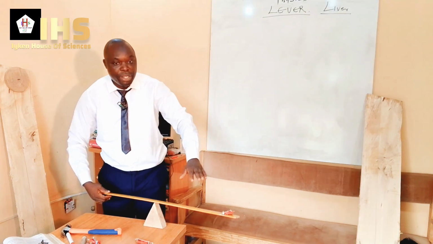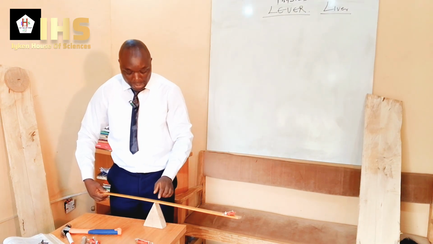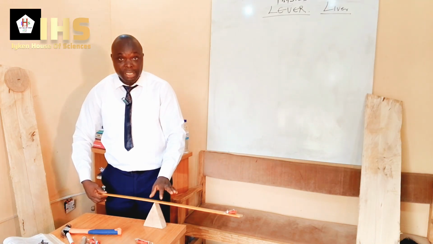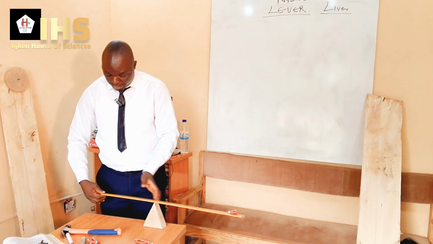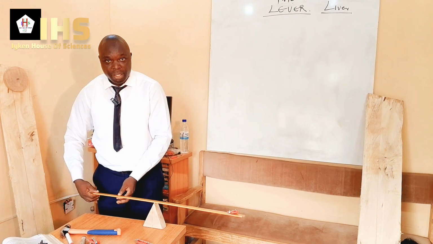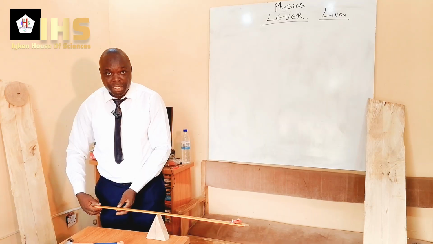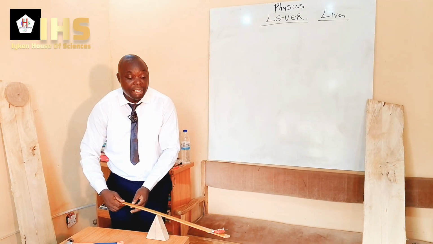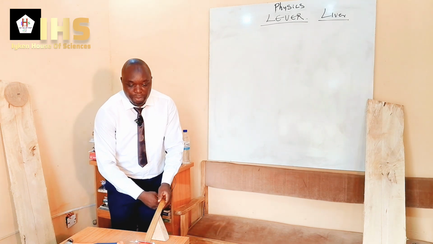If it's a very big, very heavy load, with this particular place, the fulcrum or the pivot, and this very strong bar, I can use this to shift any heavy load to any direction I want it to go.